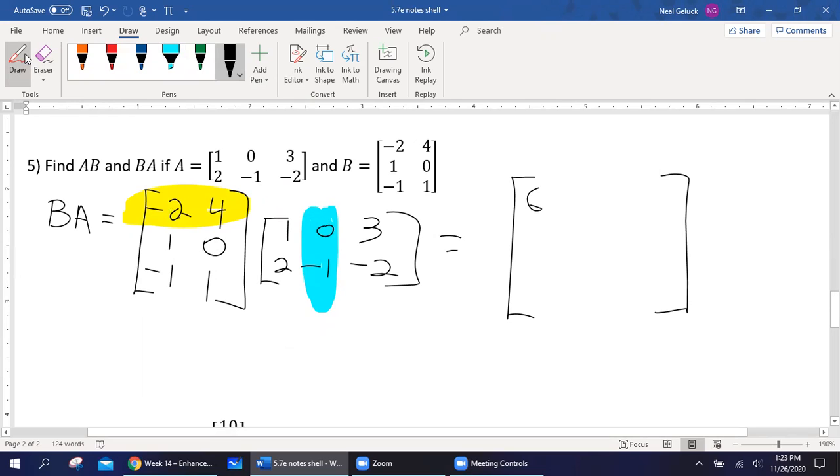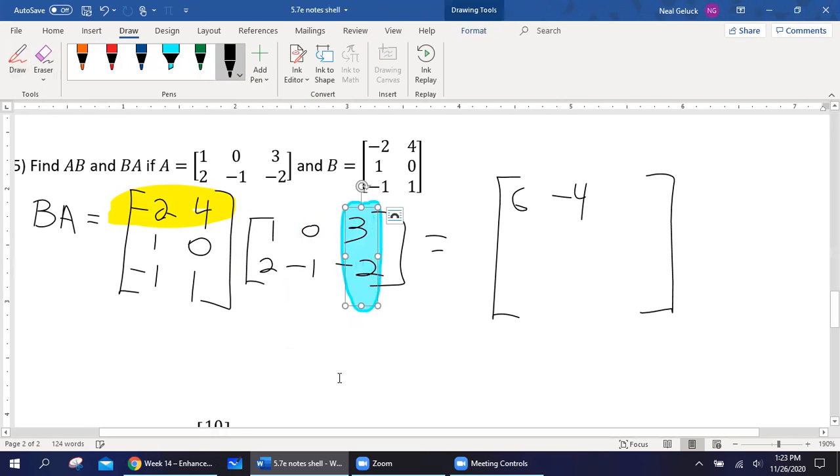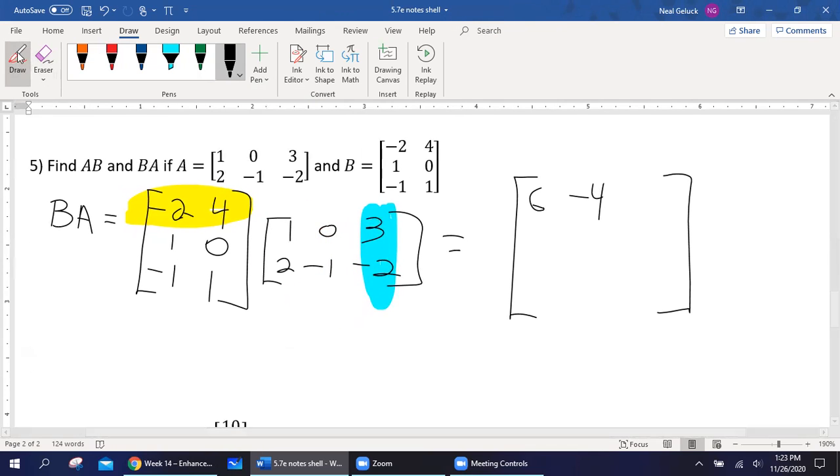Negative 2 times 0, 4 times negative 1. That would combine to be negative 4. Keep changing columns until you're out of columns to use. Negative 2 times 3, 4 times negative 2, so that'd be negative 6 and negative 8. That's negative 14.